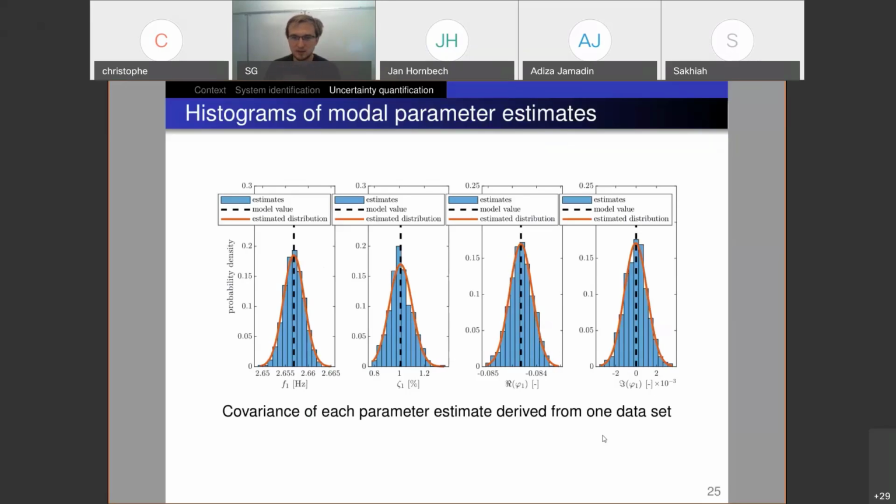We can see that the spread of the histogram and this distribution function are aligned. The distribution well approximates the variance of the histogram, meaning that with the delta method and first order perturbation theory, we can derive the distribution function of our parameter estimates, which corresponds to this huge Monte Carlo simulation, which is super practical.